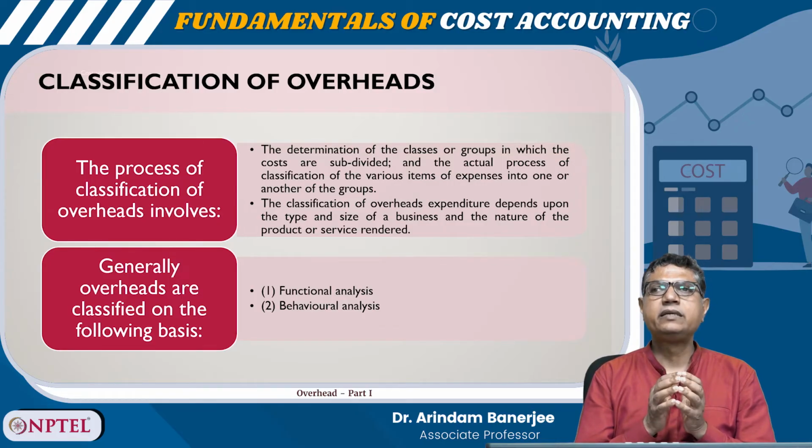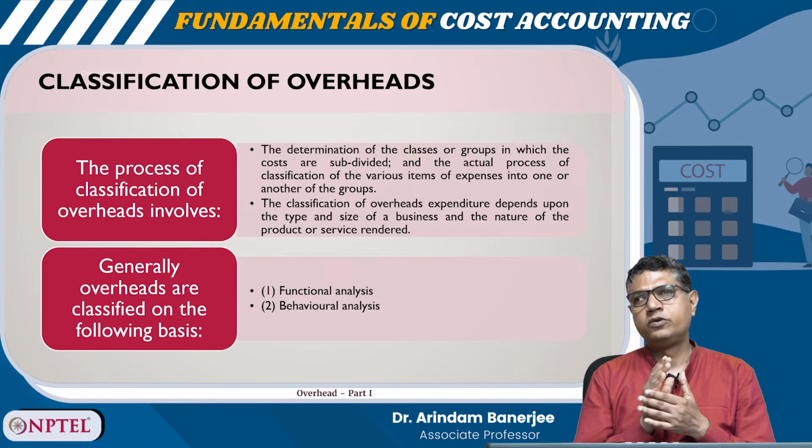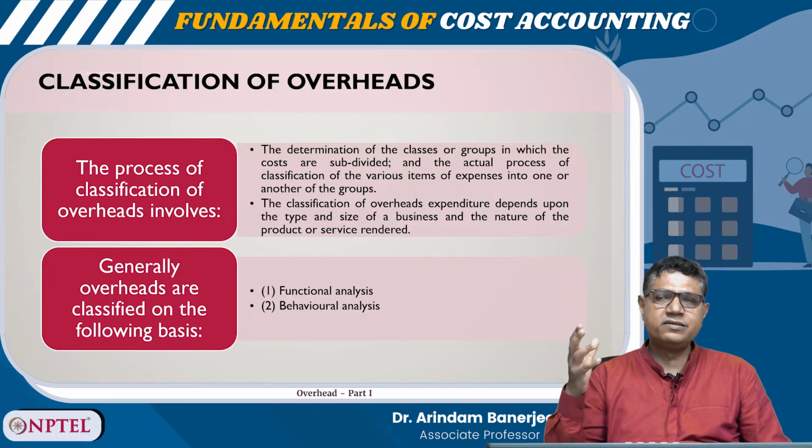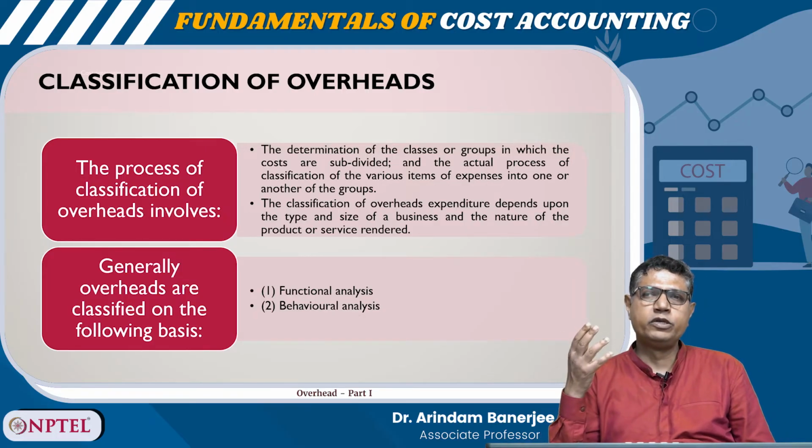There is some subjectivity required in it, and we can do it under the two following bases. Number one is the functional analysis, and second one is depending upon the cost behavior, that is the behavioral analysis.